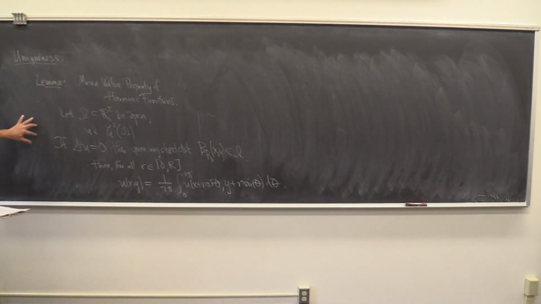That was for the previous three facts, just saying that the Poisson kernel converges uniformly, the Poisson integral converges uniformly, and stuff like that. So we could have proven this a while ago. Yeah, this is just a fact about harmonic functions, and we're just introducing it now to prove the uniqueness part.